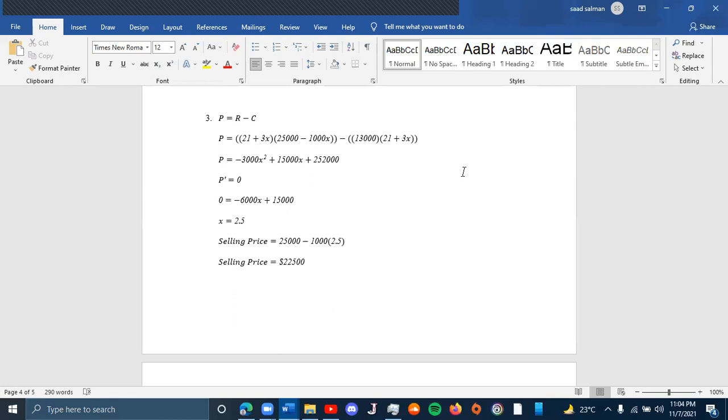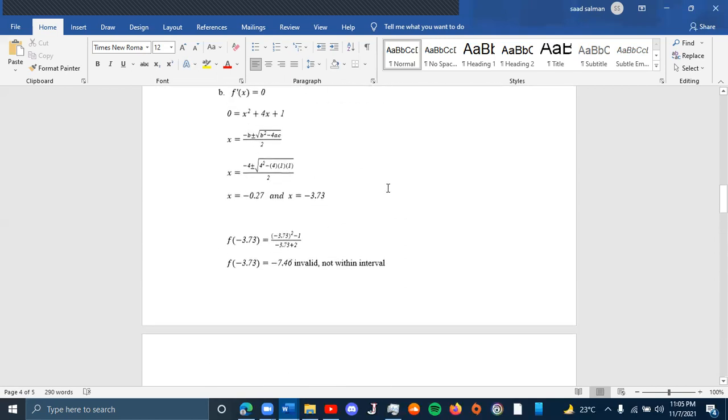So P prime is equal to 0. 0 is equal to minus 6,000x plus 15,000. So x is equal to 2.5. So the selling price is equal to 25,000 minus 1,000 multiplied by 2.5. So the selling price is 22,500.